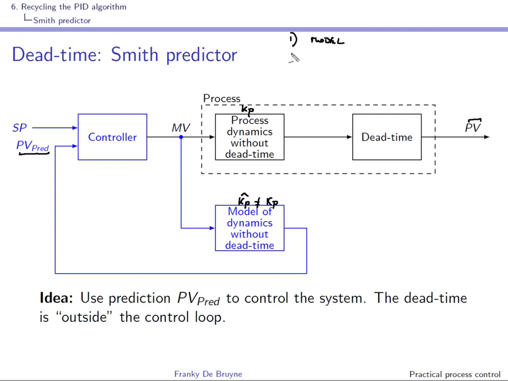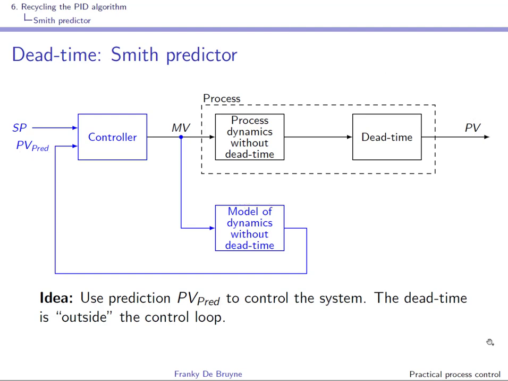Well, the second problem comes from the disturbances that are present here at the output. Of course, the job of the controller is to reject those disturbances, but in this first version of the Smith predictor, the control mechanism is not aware of these disturbances, so it will not be able to reject them.